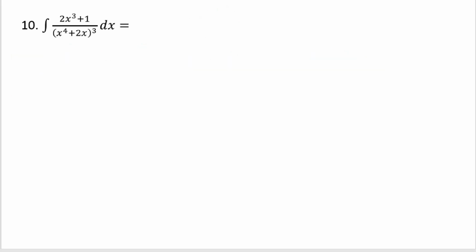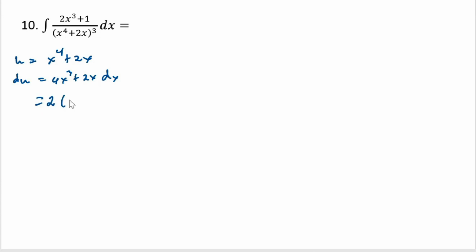So in number 10, we have now the integral of 2x cubed plus 1 over the quantity x to the fourth power plus 2x, and then to the power of 3. So our u here is x to the power of 4 plus 2x, and we take the du, that is now 4x cubed plus 2 dx. So 4x cubed plus 2 can be found only in the denominator if we factor out the common factor of 2.